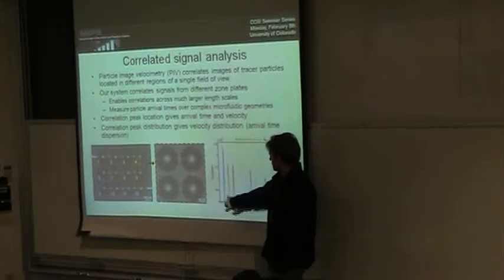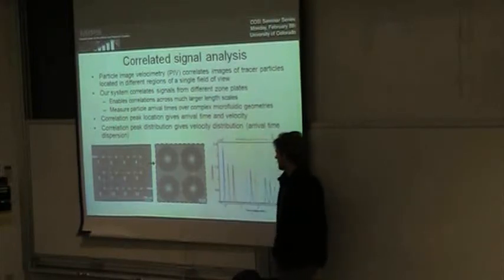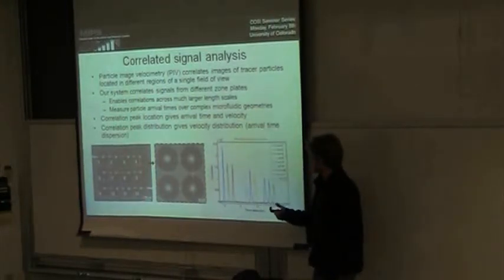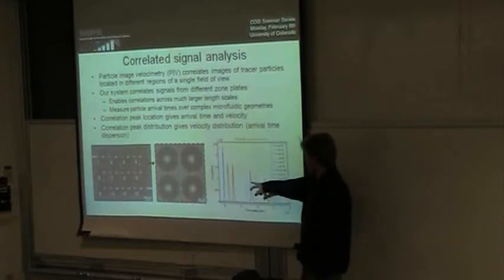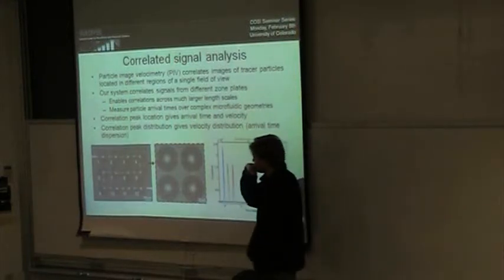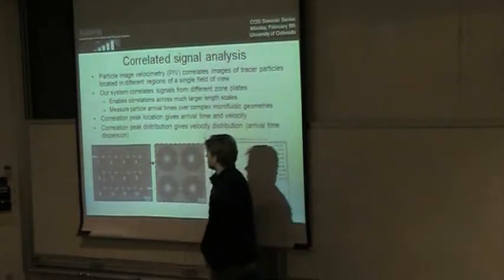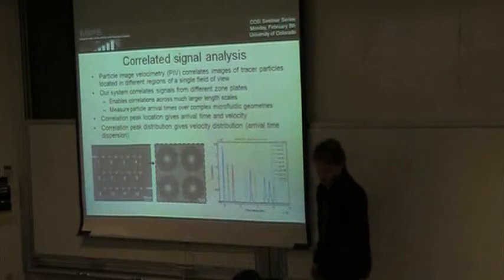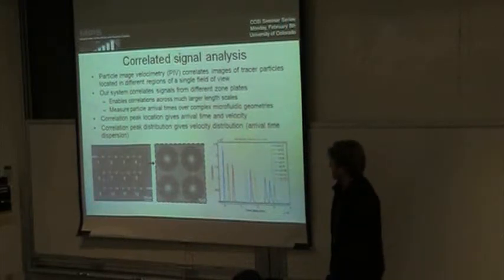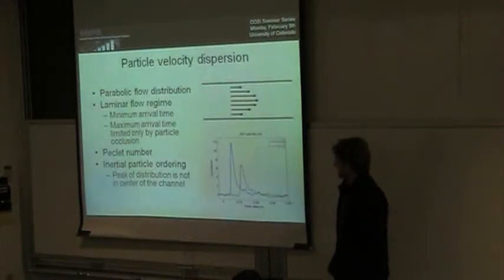The location of this peak tells us the velocity, and then the size of the peak actually tells us something more interesting about the distribution of velocities. If all the beads are traveling at the same speed, these will still be delta functions, but in fact the beads are not all traveling at the same speed. They have some distribution, and we can measure that distribution more carefully if we choose.